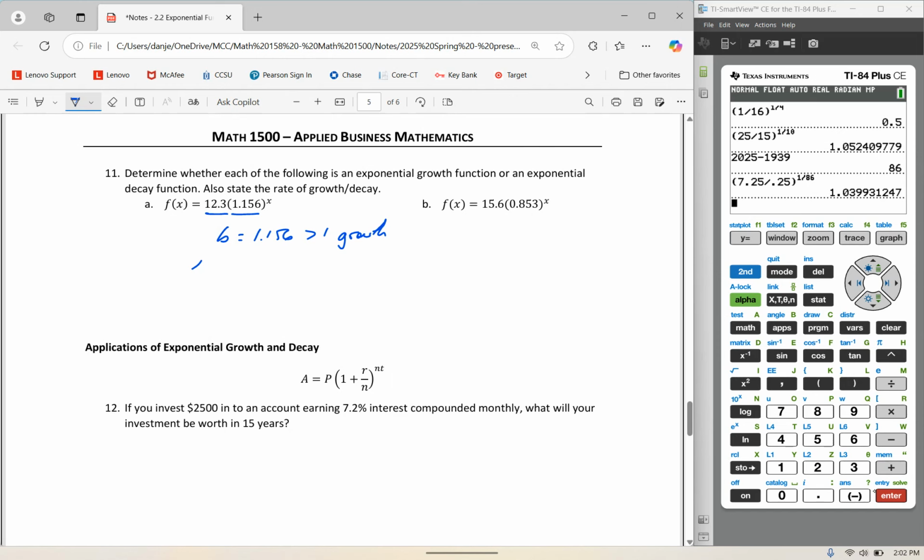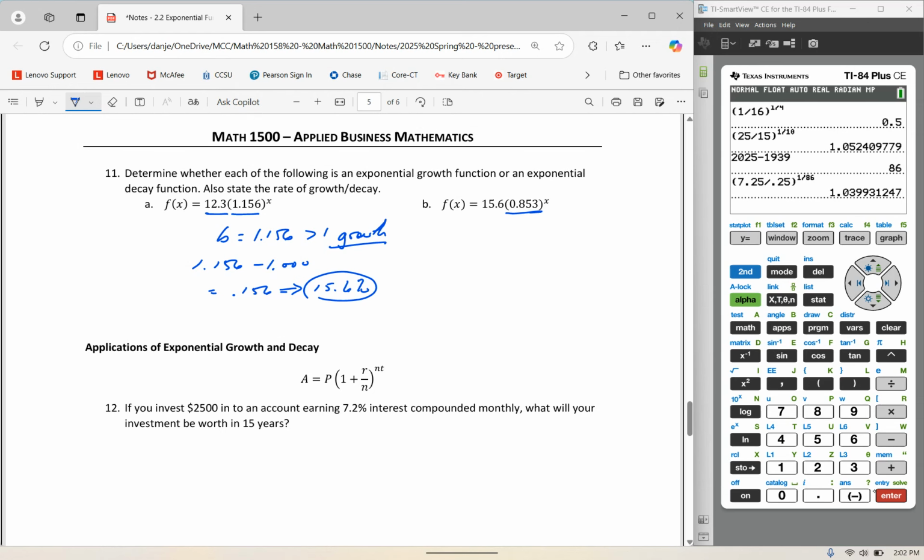What is the rate of growth? 1.156 minus 1.00 is 0.156. If I change that to a percent, that's 15.6. So this is a growth of 15.6%.